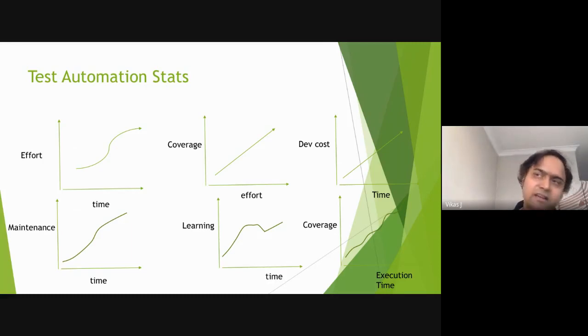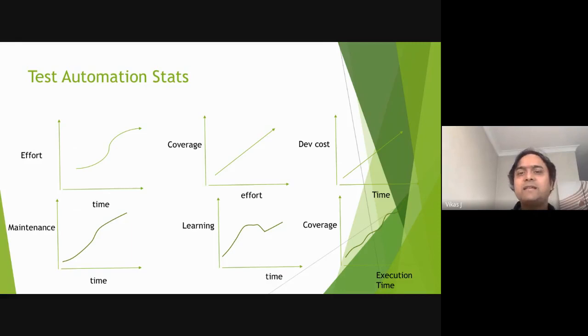If somebody is learning, say one month down the line, the learning curve may be small, but when the person comes again and tries to do the same automation over a period of time, the learning takes more time. So the learning curve is an ongoing thing. And last but not least is the execution time against the coverage.